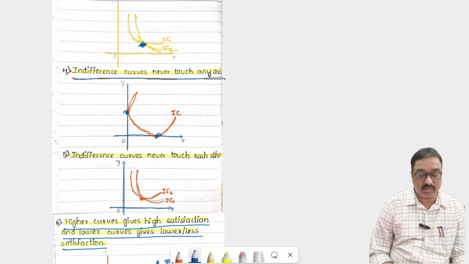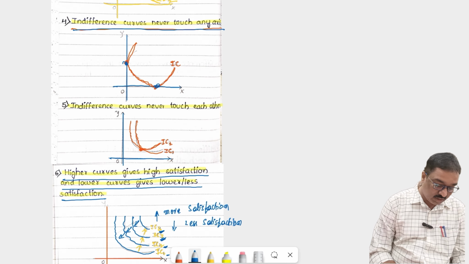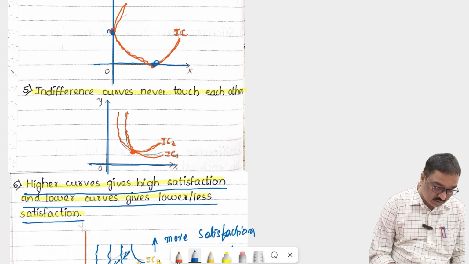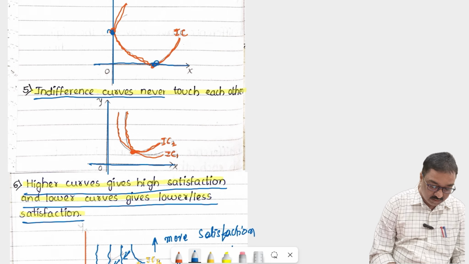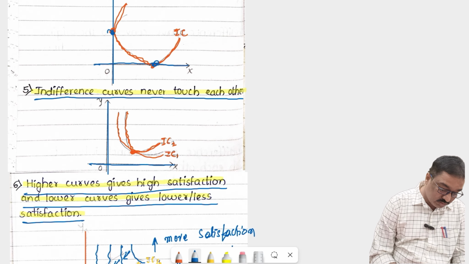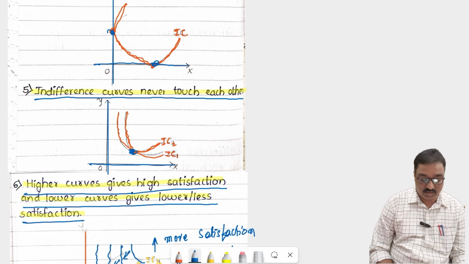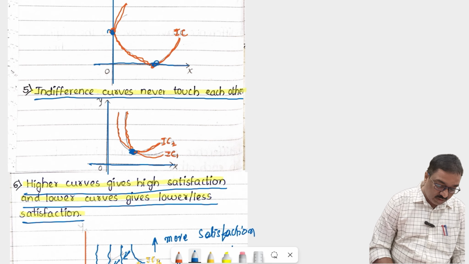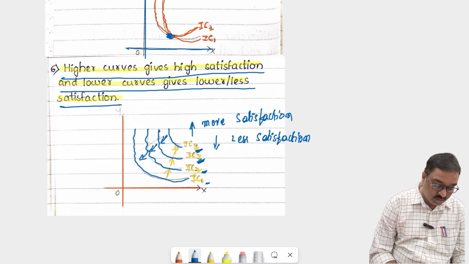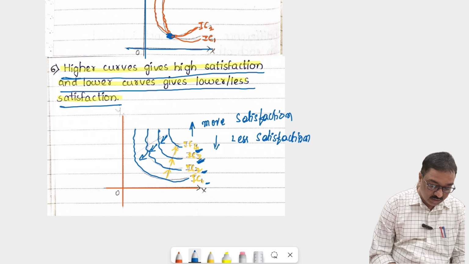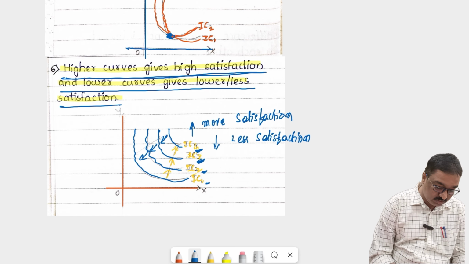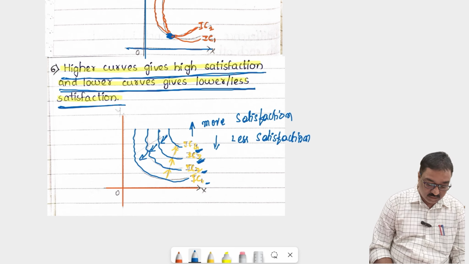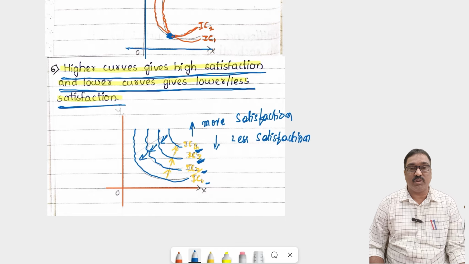Another important property: indifference curves never touch each other, so IC1 and IC2 never touch. And the sixth property: a higher curve gives higher satisfaction, a lower curve gives lower satisfaction. These are the important topics for you.